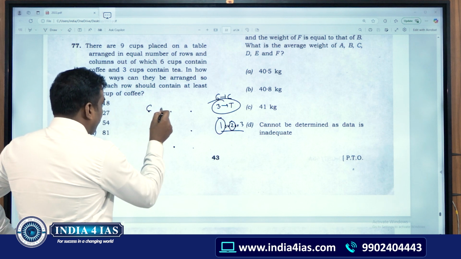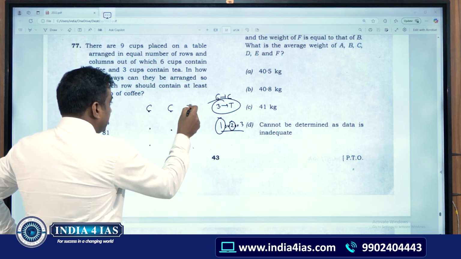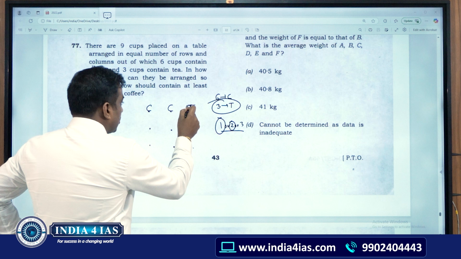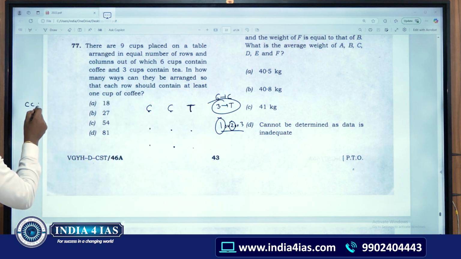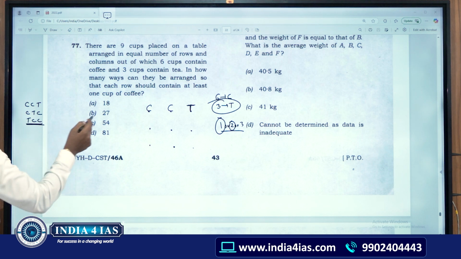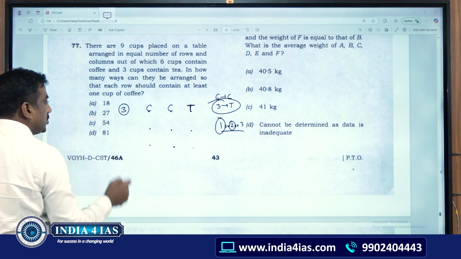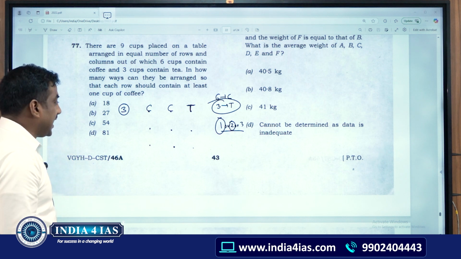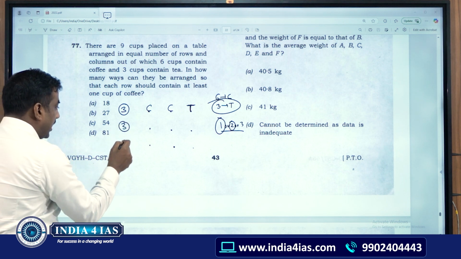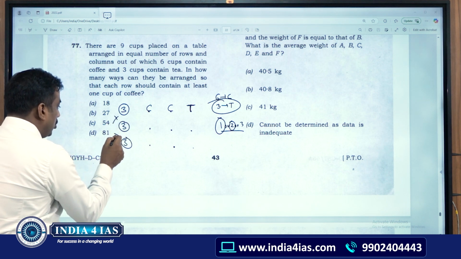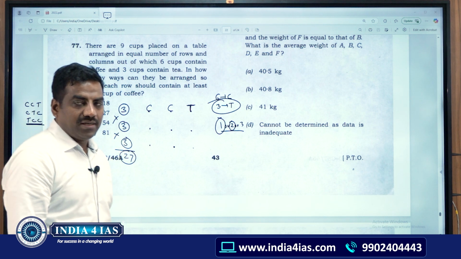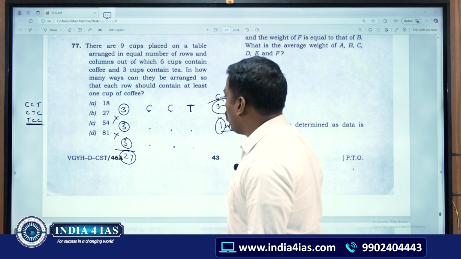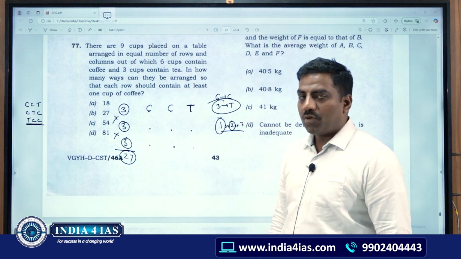CCT is 1, CTC is 1, TCC is 1. So for 1 row, 3 ways. Similarly for the other rows, 3 and 3. So 3 into 3 into 3 is 27 ways when I use 2 coffees and 1 tea.